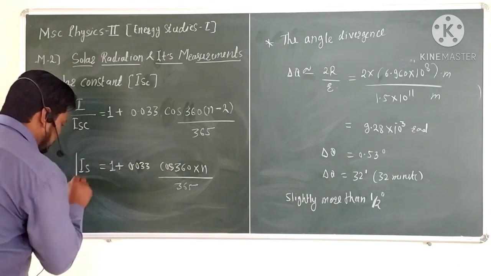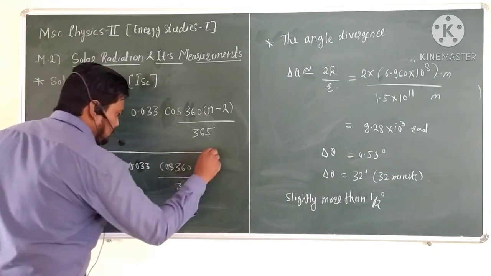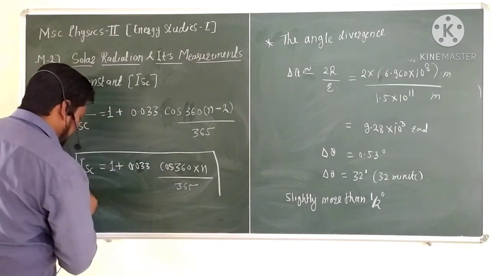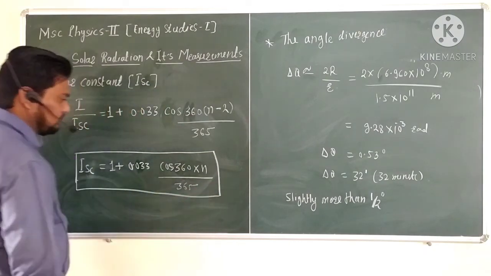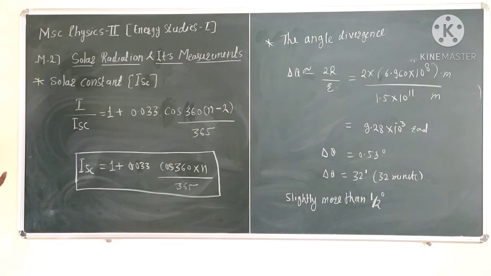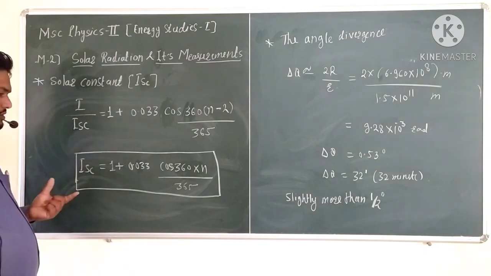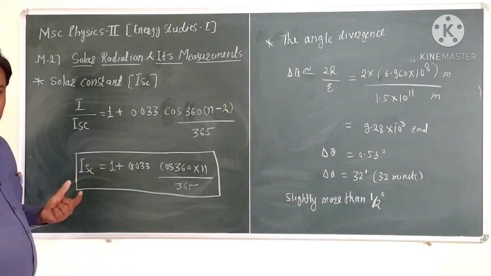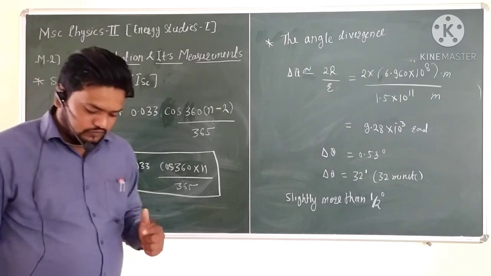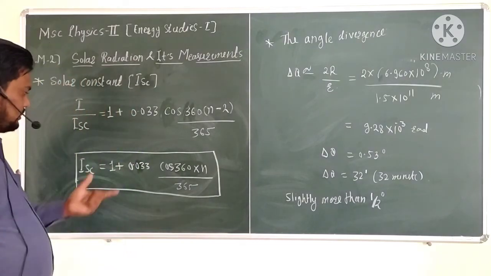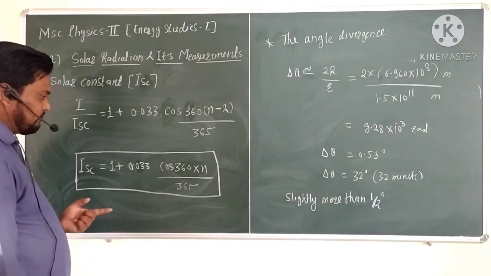So this is ISC, and by the last calculation, the solar constant H0 is 1353 watt per meter square, and the formula is also the same.